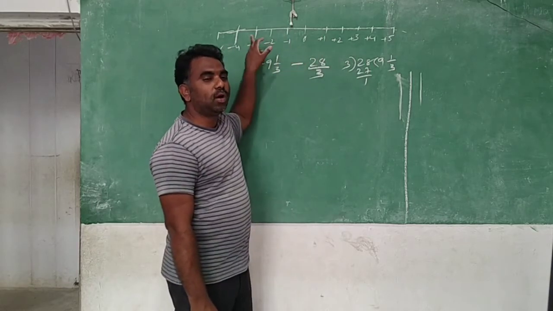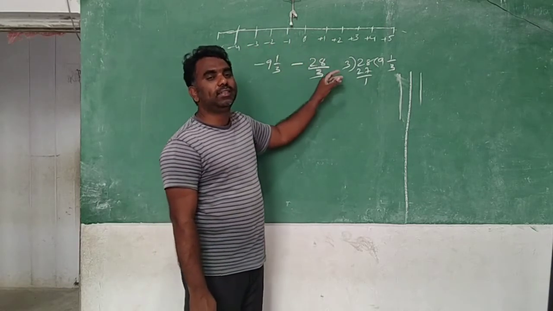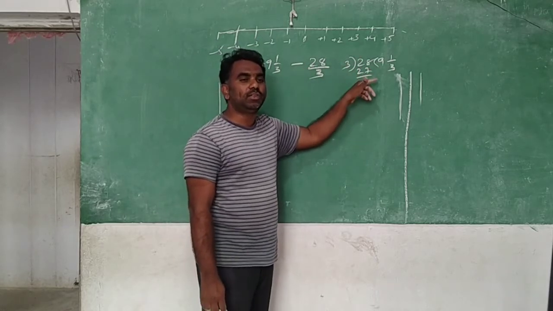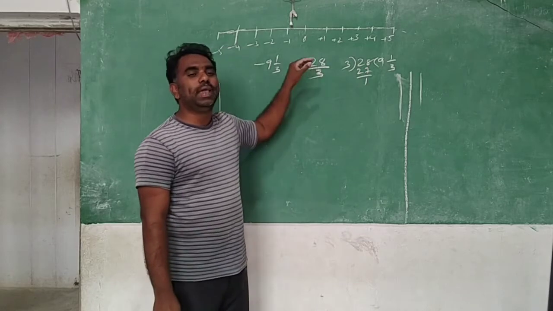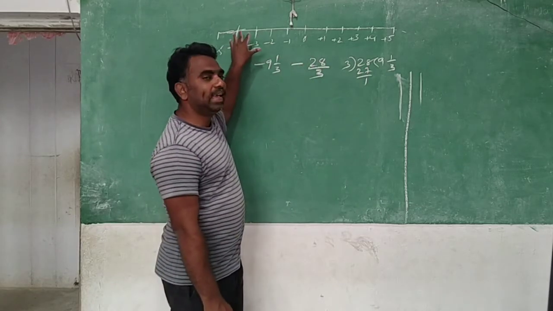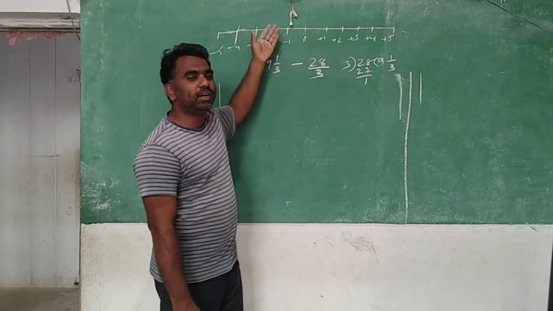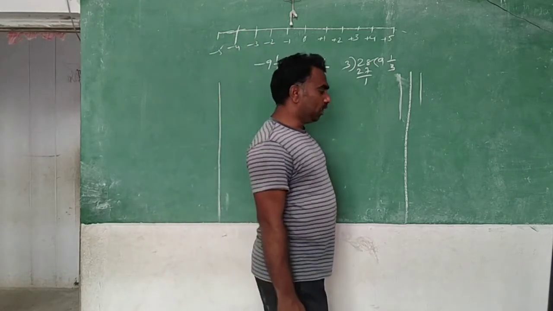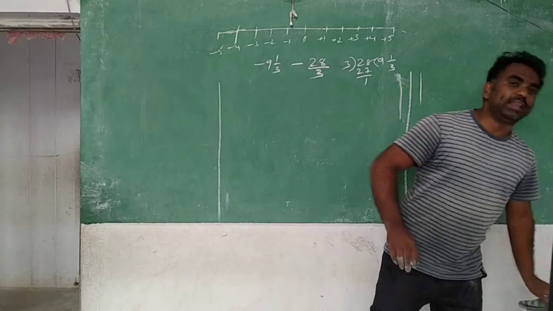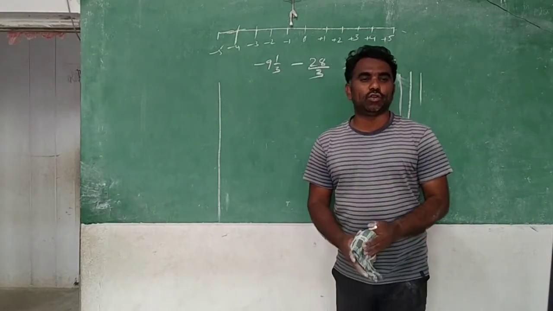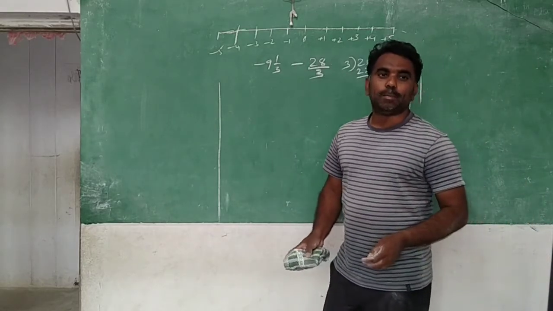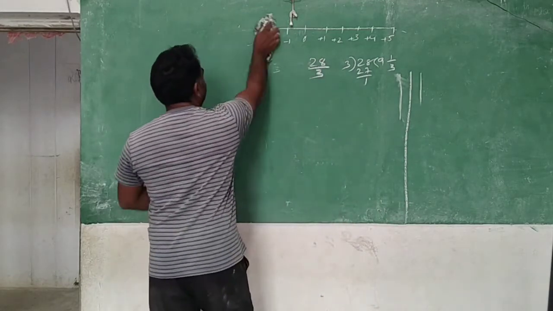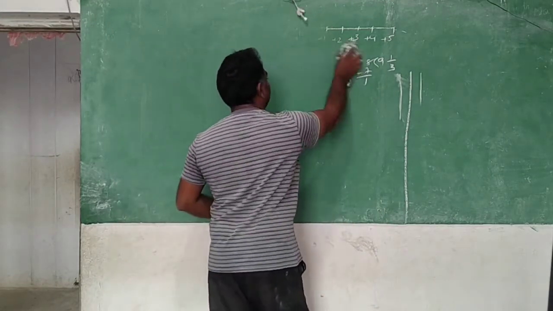How do you find? You will convert them into a mixed fraction, and then you will be able to say where it is exactly, in between this and that. Okay? So I think you have understood where the negative fractions and positive fractions are, the negative fractional numbers and positive fractional numbers.